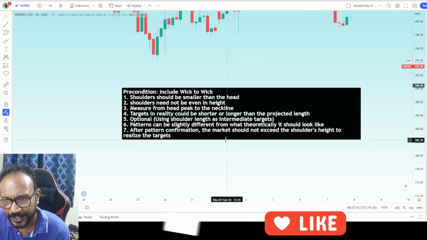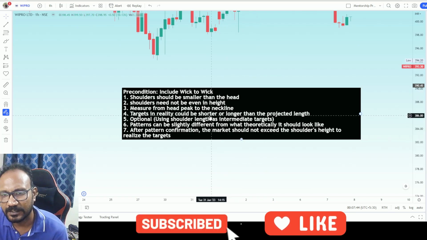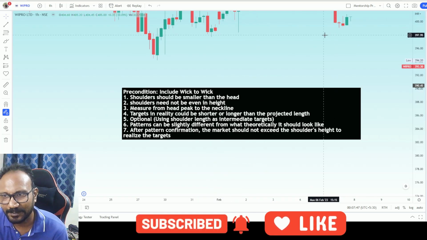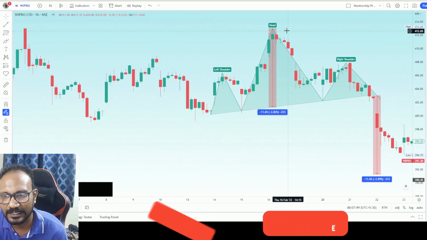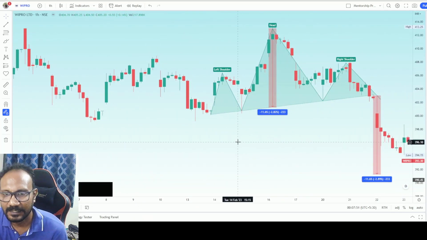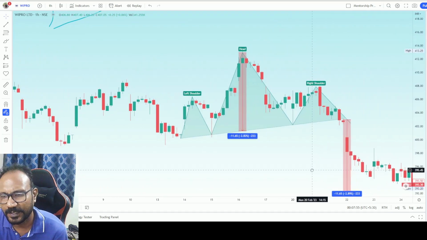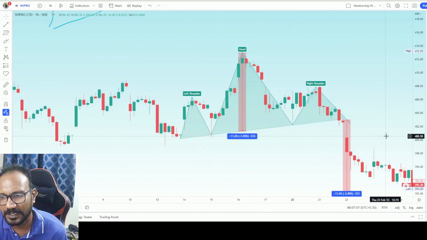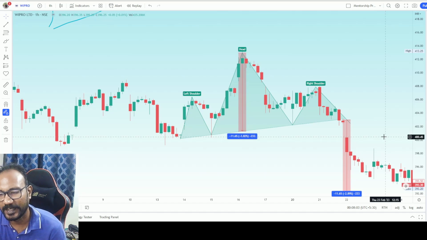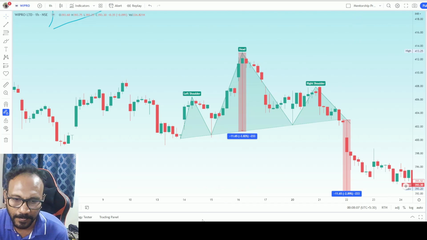The same conditions work perfectly fine with inverse head and shoulder, except that the shoulders are flipped. Other than that, everything remains the same. We are going to see a couple of examples of how it works in reality to give you a better picture of what you can expect in a live trading market.